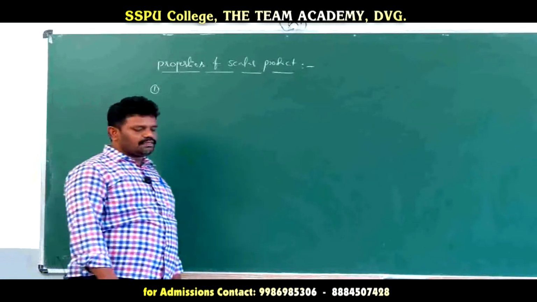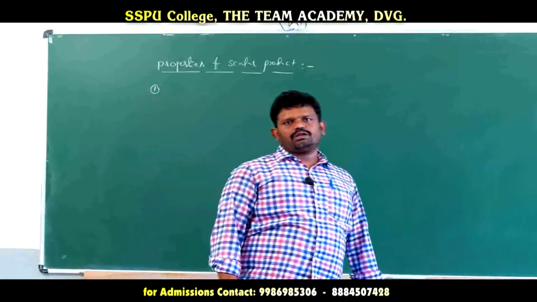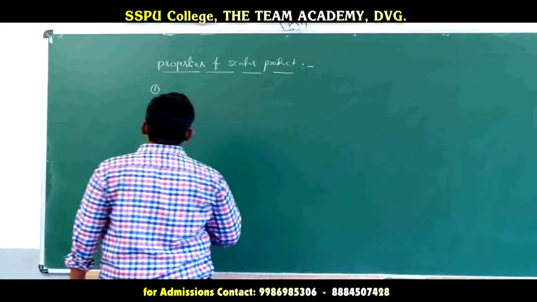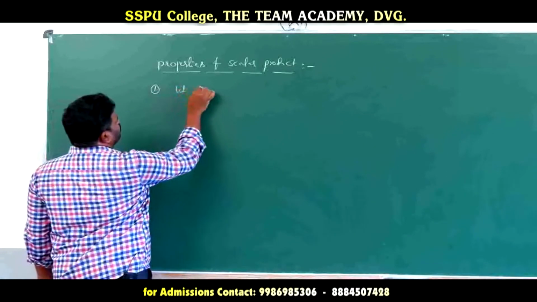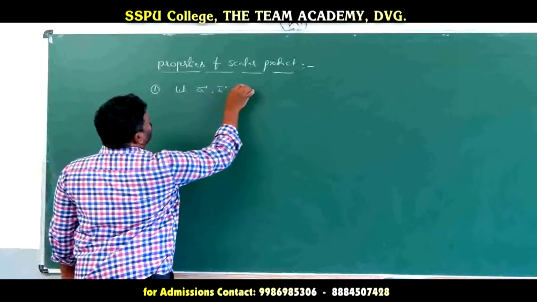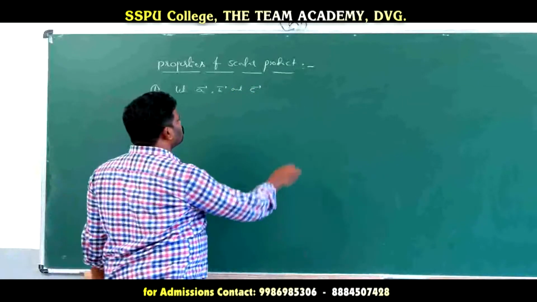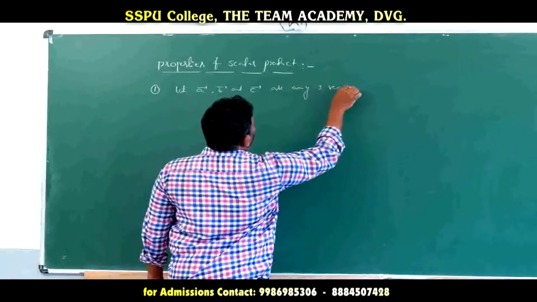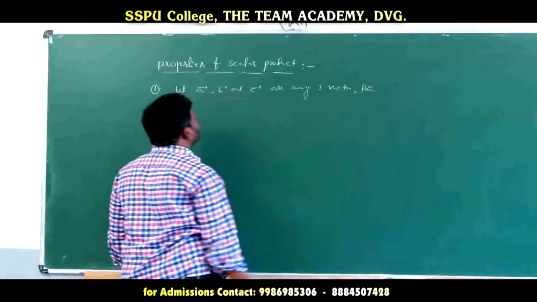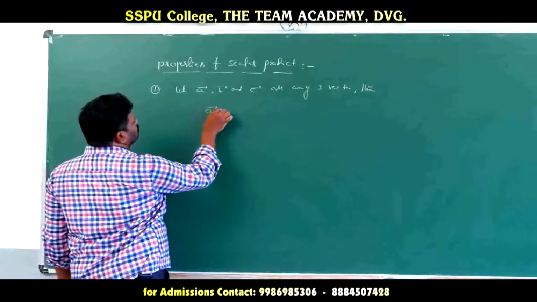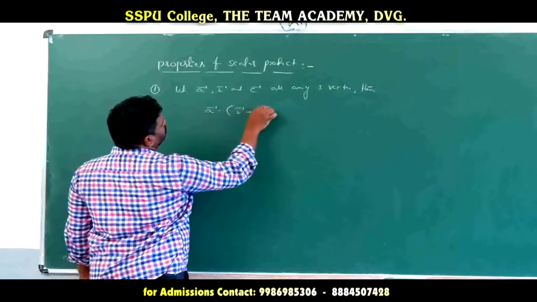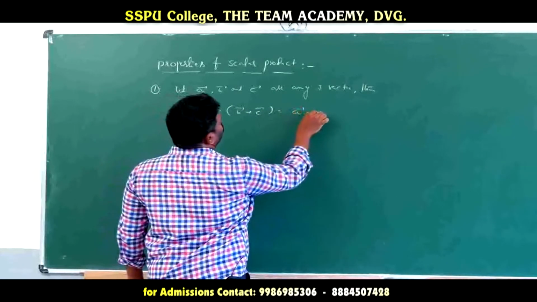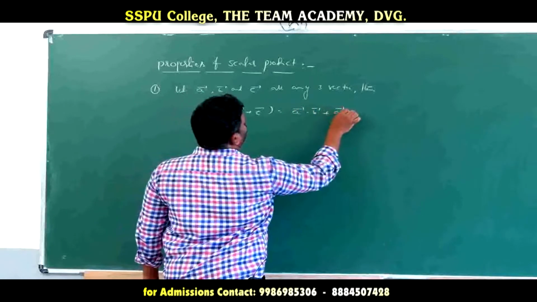Now, the dot product or scalar product has some properties. First, if we take any three vectors a bar, b bar and c bar, then a bar dot the quantity b bar plus c bar is equal to a bar dot b bar plus a bar dot c bar.